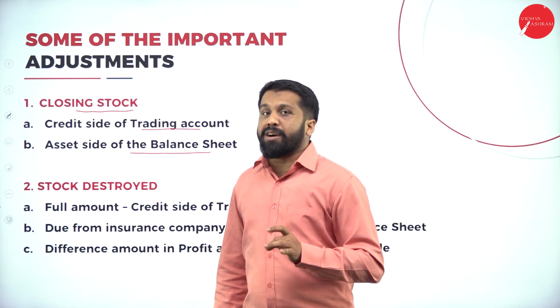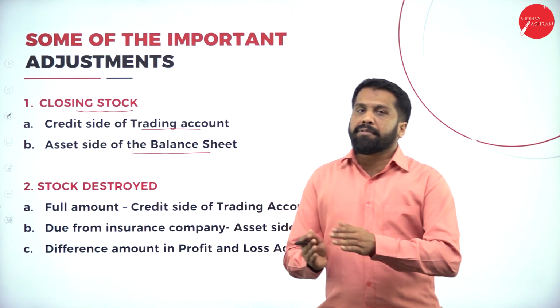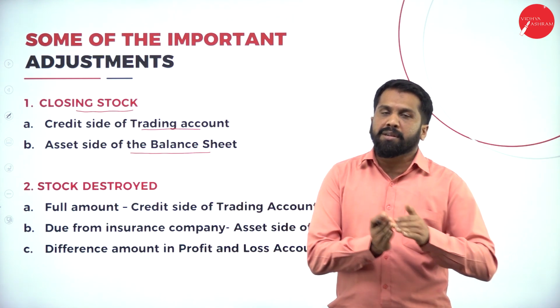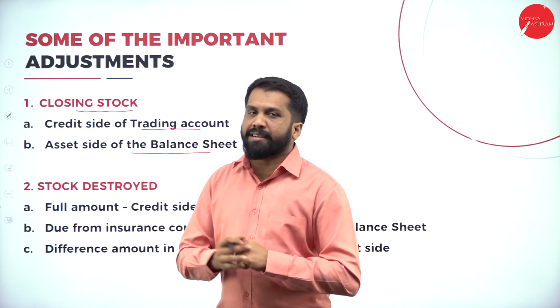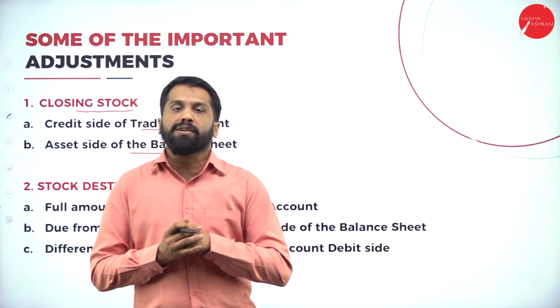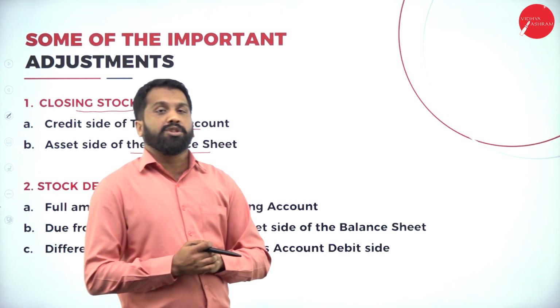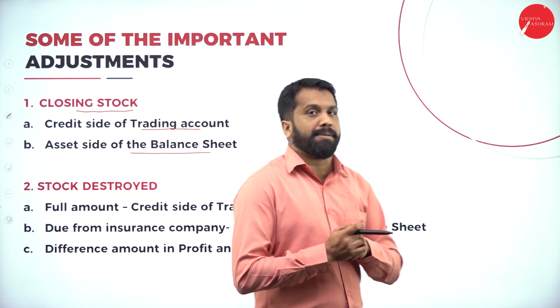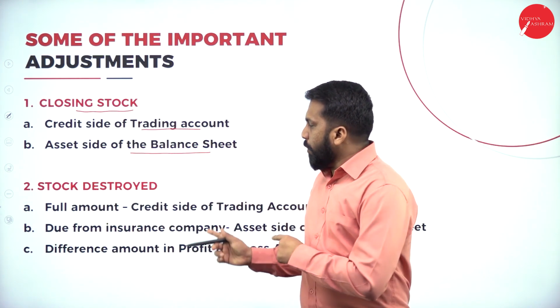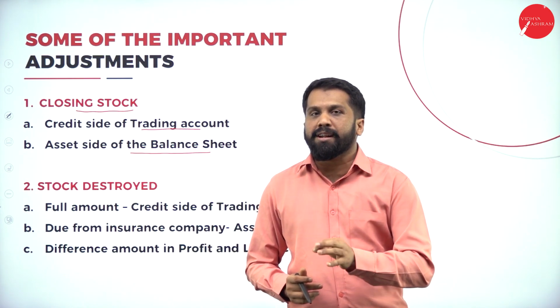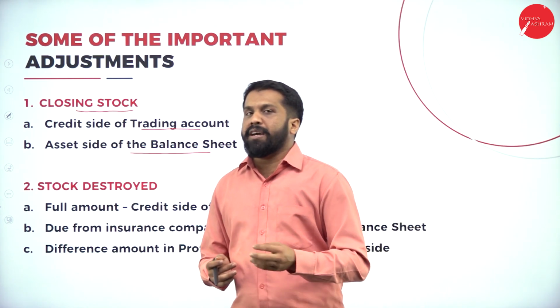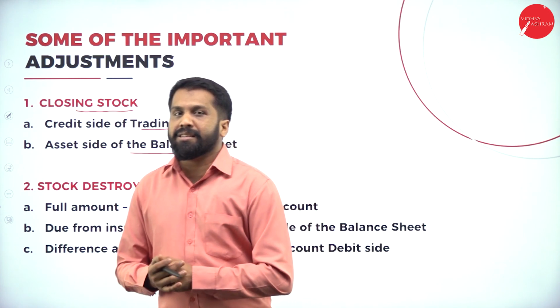As I told you, abnormal loss, like you have kept stock in the godown, unfortunately fire occurred, it got destroyed. What will you do? You will rush to the insurance company. What will the insurance company do? If 1 lakh worth is destroyed, the insurance company will give you around 75 to 80,000.